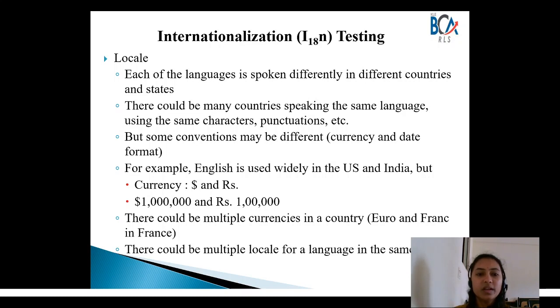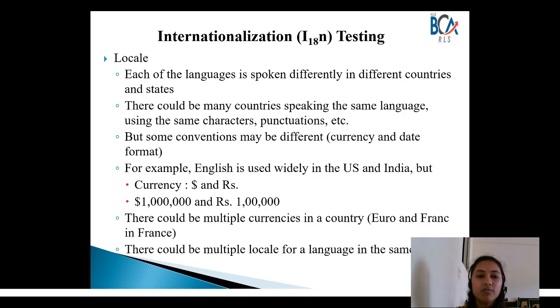For example, English is widely used in the US and also in India. But the currency in America is called dollar, and in India it is called rupees, right? The format which is displayed is also different.